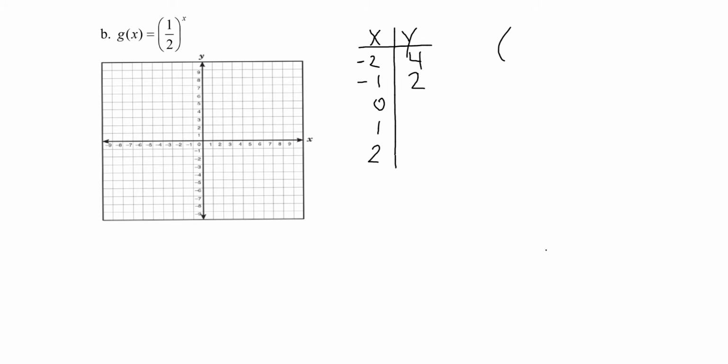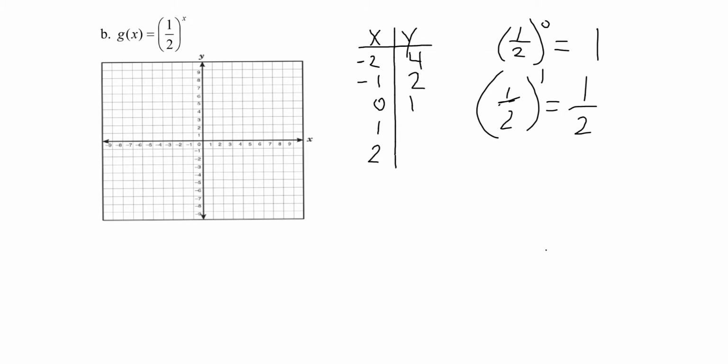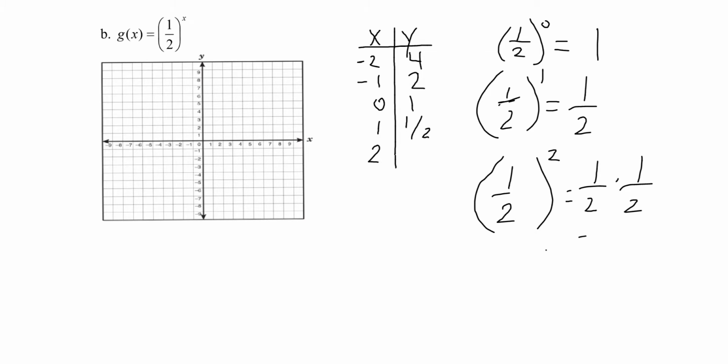So we'll do 1/2 to the 0 power, and anything to the 0 power always equals 1. So we'll put our 1 there. Then we have 1/2 to the first power, which is going to be 1/2. And then we have 1/2 to the second power, which again is 1/2 times 1/2, or equals 1/4.